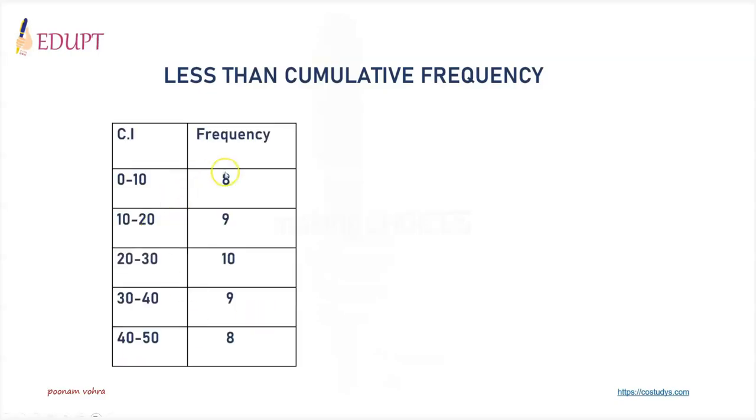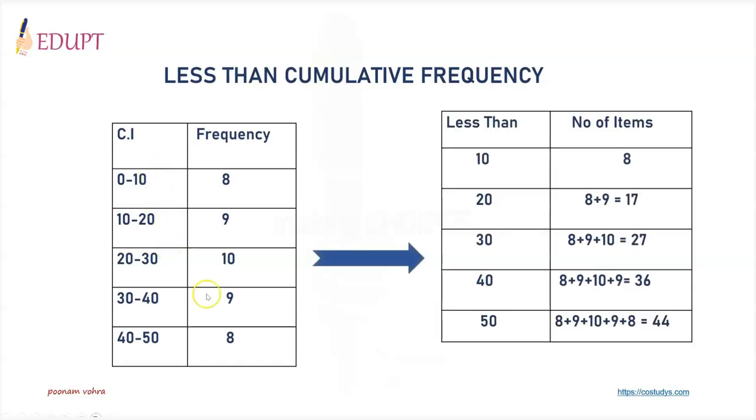Class intervals and frequencies are given. Now to convert it into less than cumulative frequency, we shall take into account the upper class limit of each class, because we need to find out how many are less than this particular value. So less than 10 would be 8. So the frequency will remain as 8.